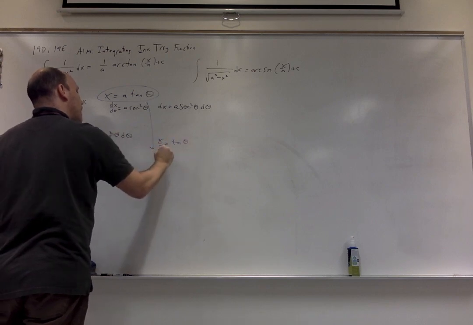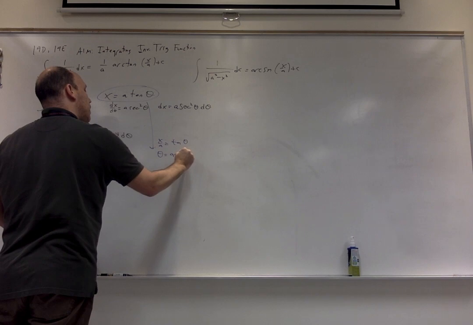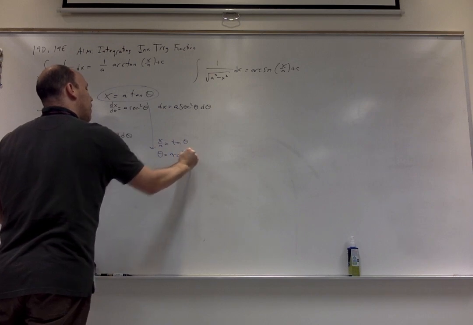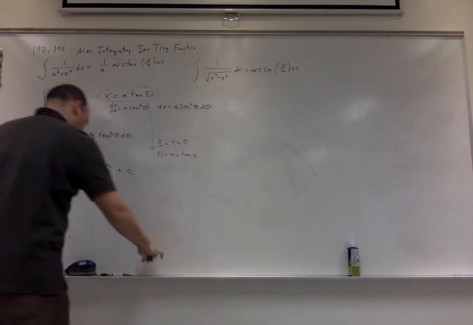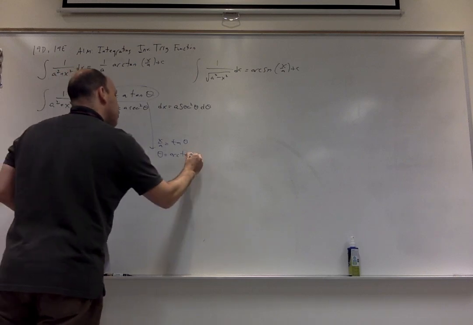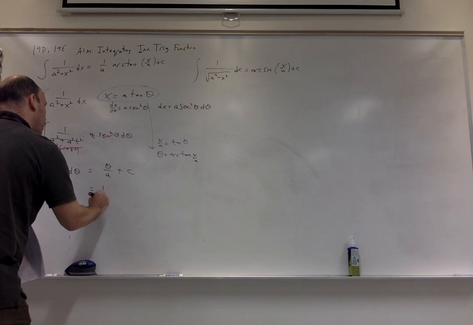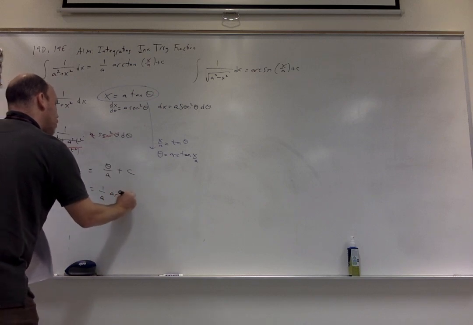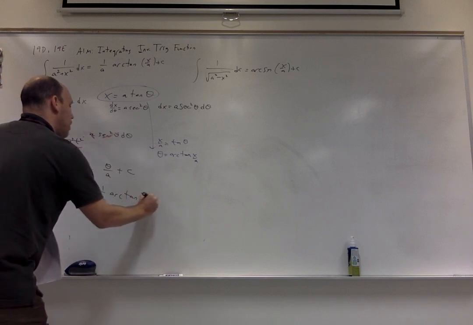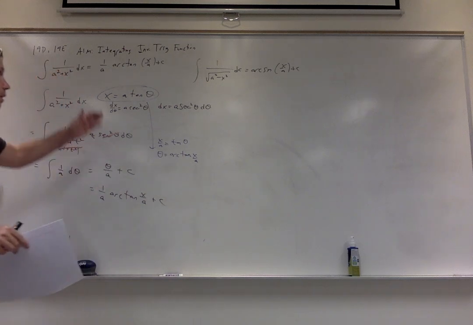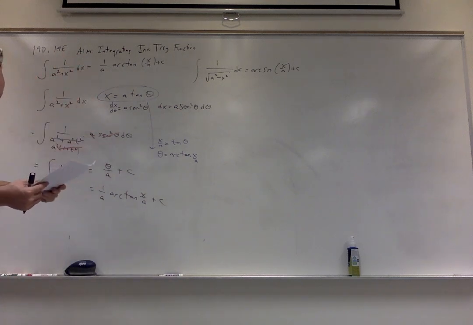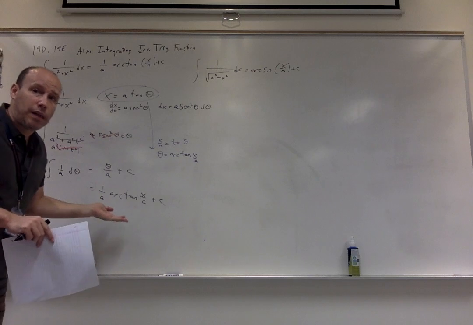And so theta equals arctan of x over a, and so the final answer is 1 over a arctangent of x over a plus c. So that's where the formula comes from.